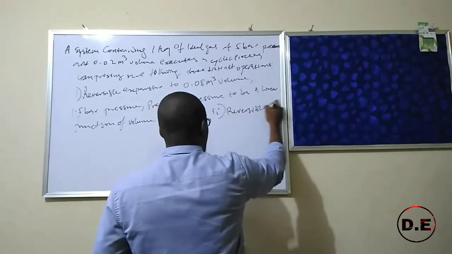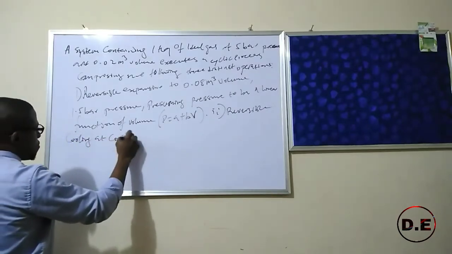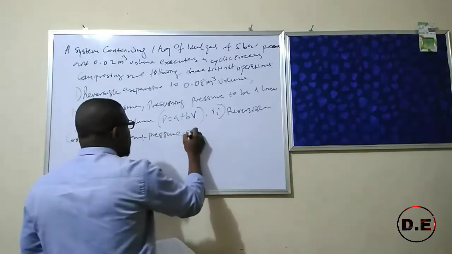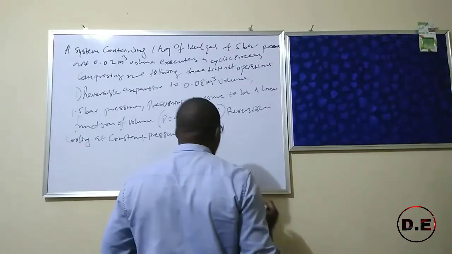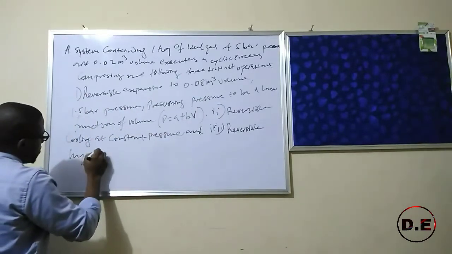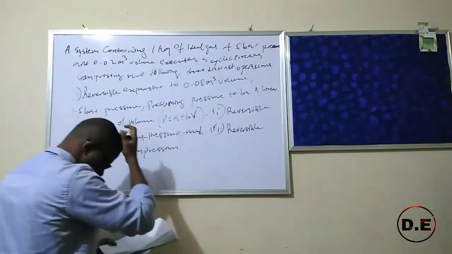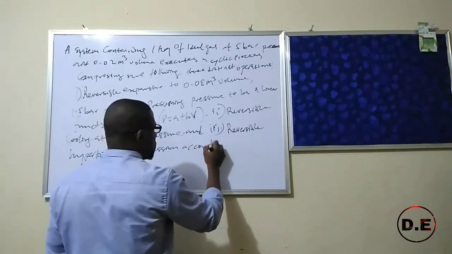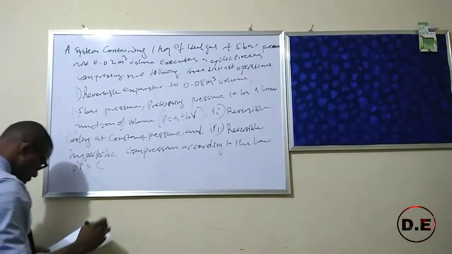Two, reversible cooling at constant pressure, and three, reversible hyperbolic compression according to the law PV equal constant.